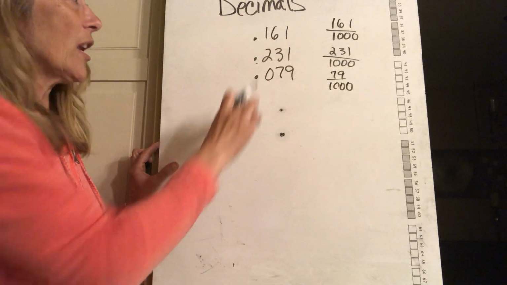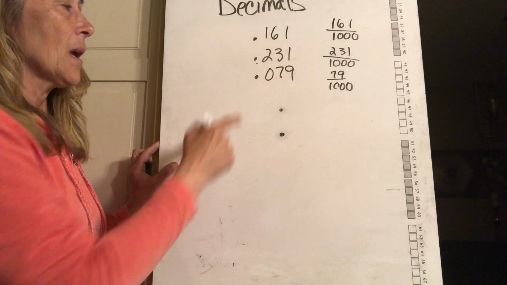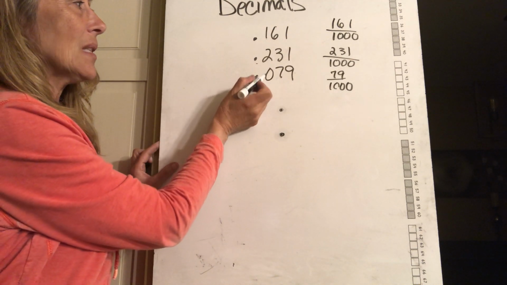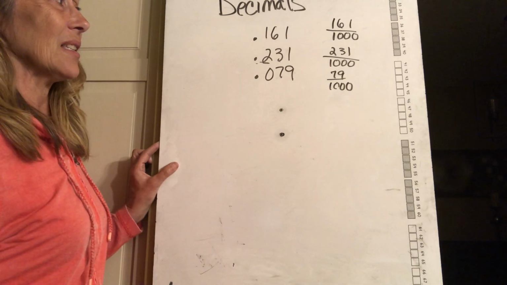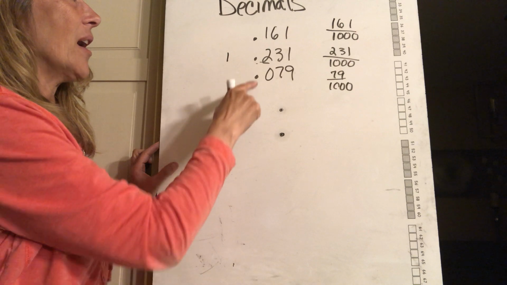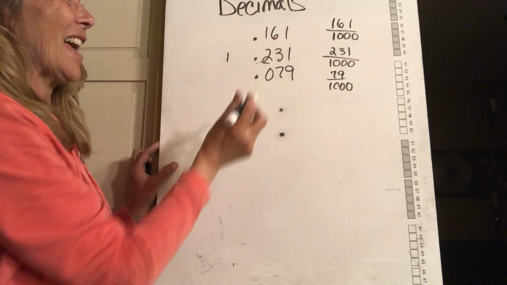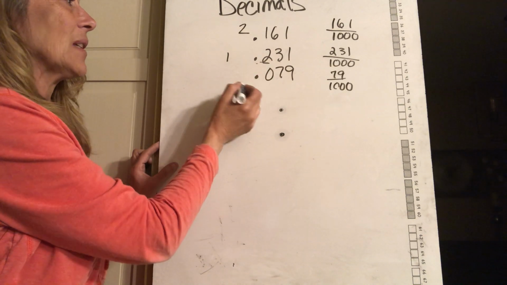So when I'm ordering, looking for the biggest number out of these 3, I'm looking, which one has the most tens? Oh, this one has 2 tenths in it. So this is going to be my first biggest. Then this one has 1/10 in it. And then this is my smallest.